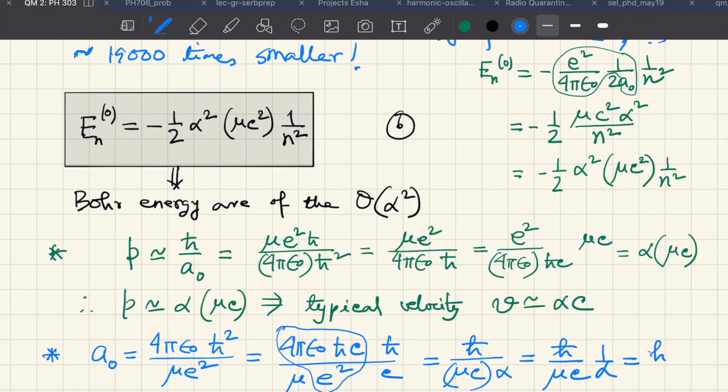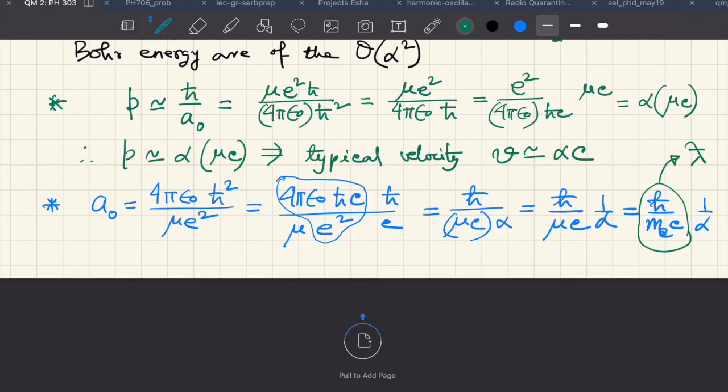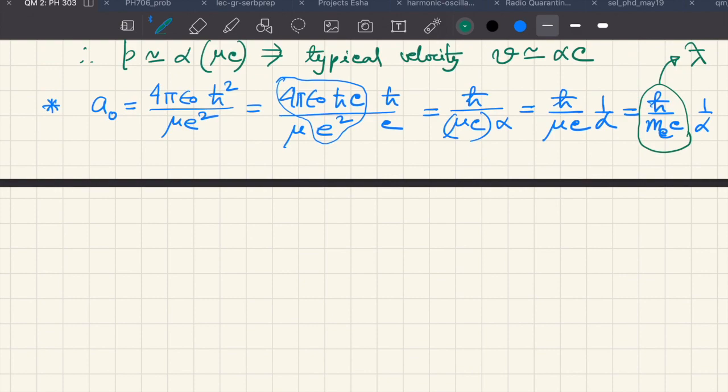This is nothing but h cross by me c, mass of the electron times c, into 1 by alpha. But what is this object h cross by me c, mass of the electron? This is nothing but the reduced Compton wavelength, reduced because we have approximately taken the reduced mass to be equal to the mass of the electron.